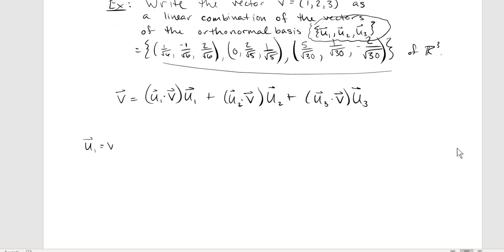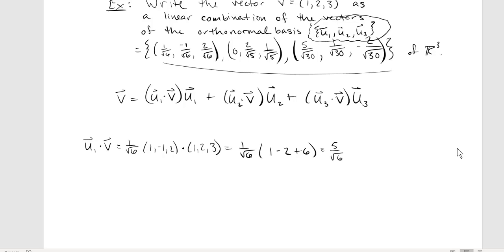u1 dot v equals, I'll pull out that 1 over root 6 factor and dot this with my v vector. What do I get? 1 times 1 is 1, negative 1 times 2 is negative 2, 2 times 3 is 6. It looks like I get 5 over root 6. Looks good.